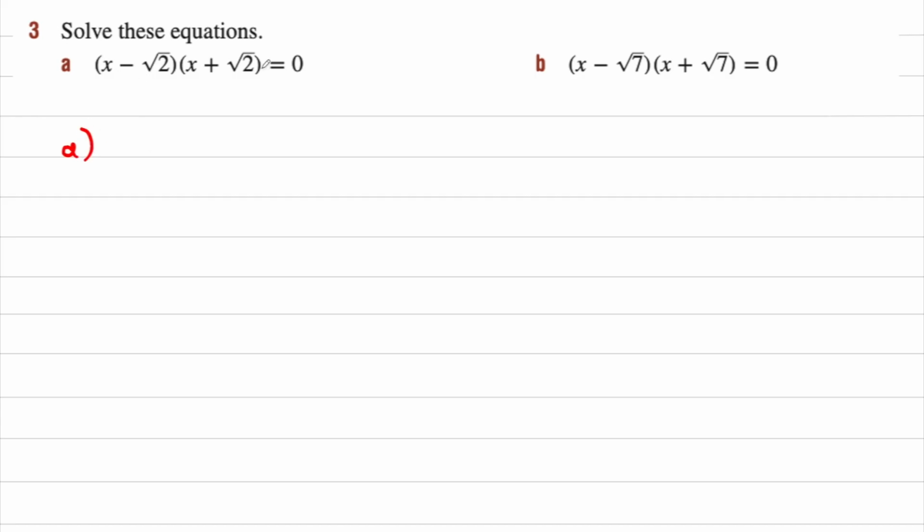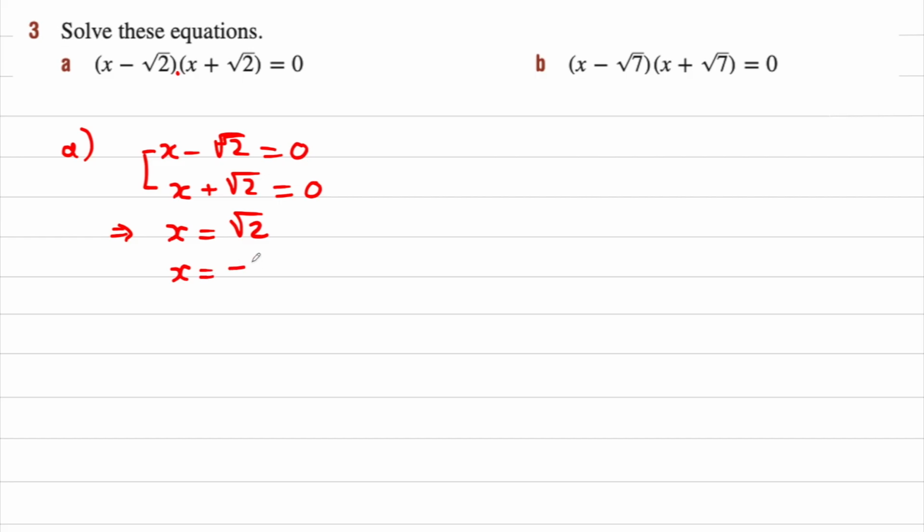Question A, you got two brackets, and their multiplication will be equal to 0. It means each bracket will be equal to 0. The first one here and the next one like this. So you got the first solution h equal to square root 2 and the next one h equal to negative square root 2.